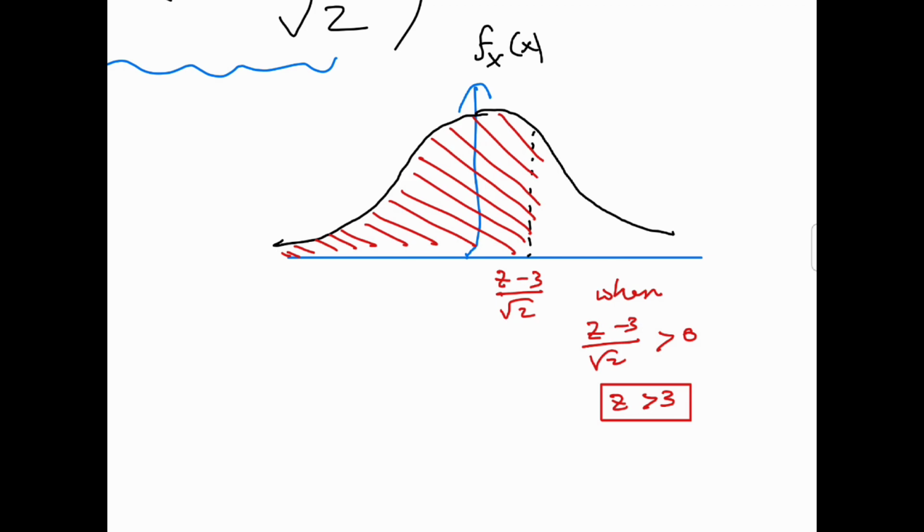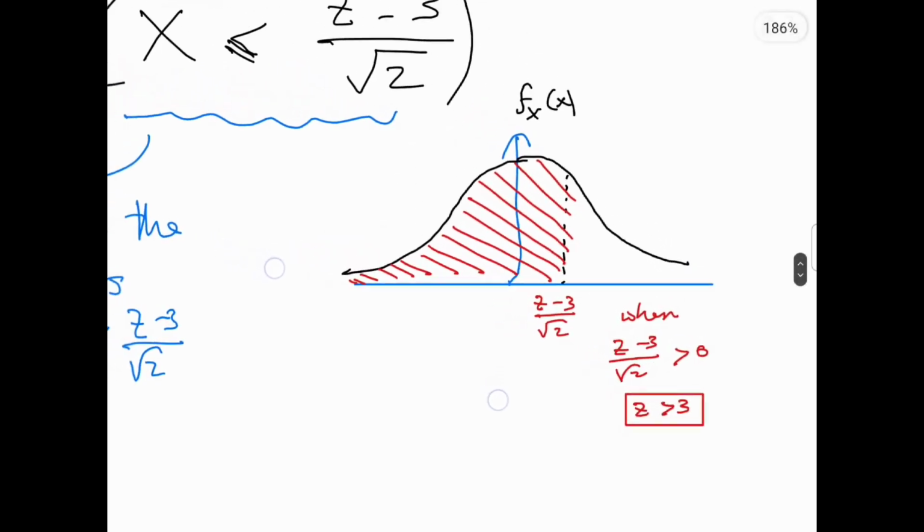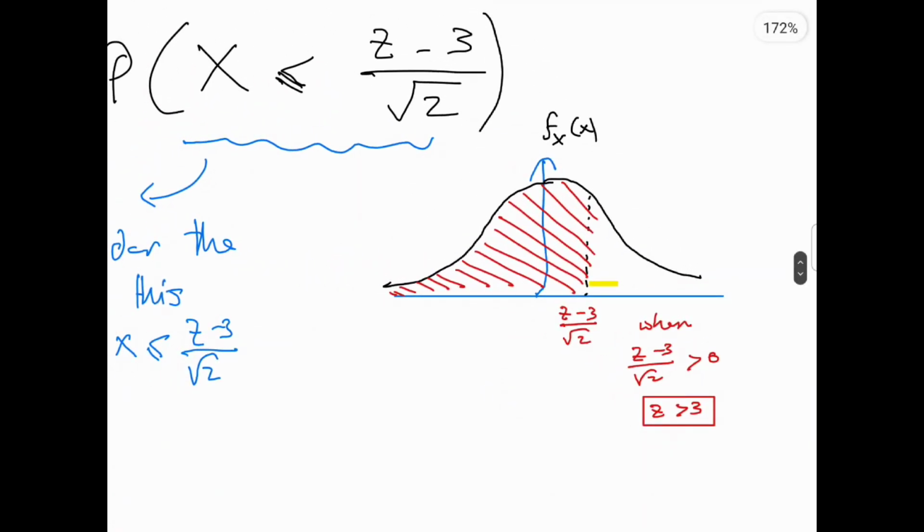So if z is greater than 3, this probability can be expressed as 1, which is the total area, minus the area of this region in yellow.